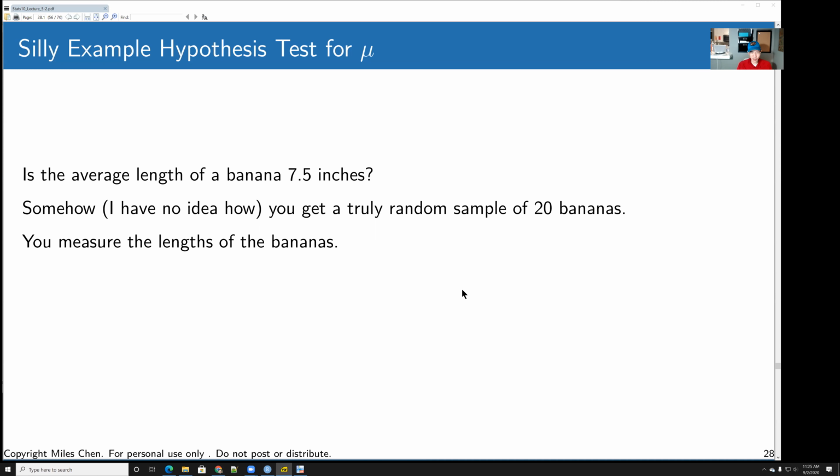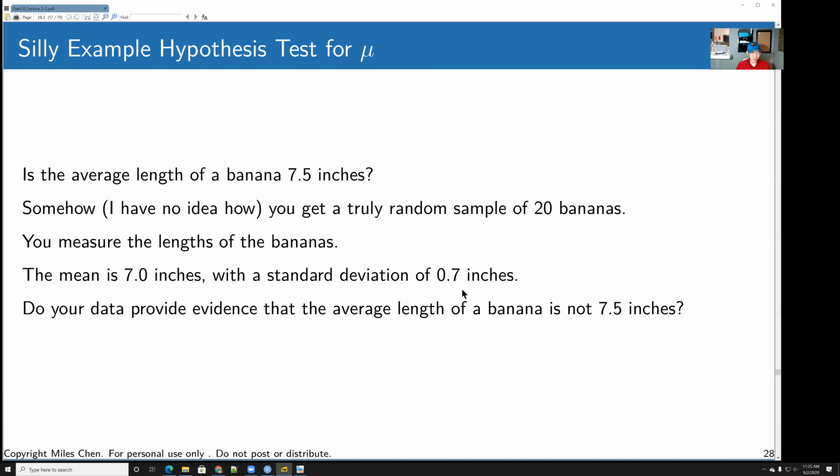We'll say the average length is 7 inches with a standard deviation of 0.7 inches, okay? So does this provide evidence that the average length of a banana is not 7.5 inches? We wanna know, do we have evidence that the mean is different from 7.5 inches? When we took a sample of 20 bananas, the mean is 7, with this standard deviation.